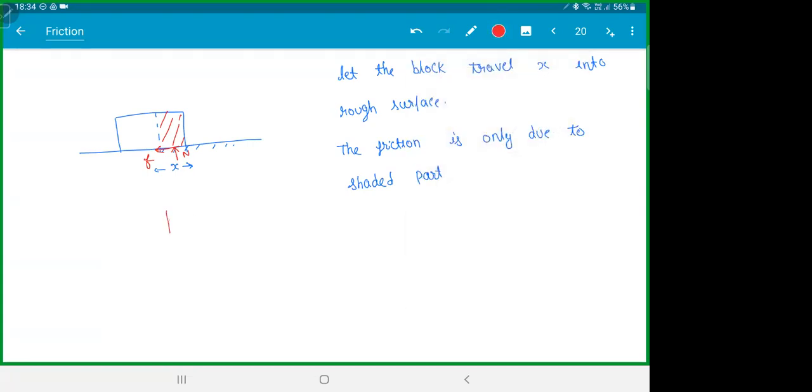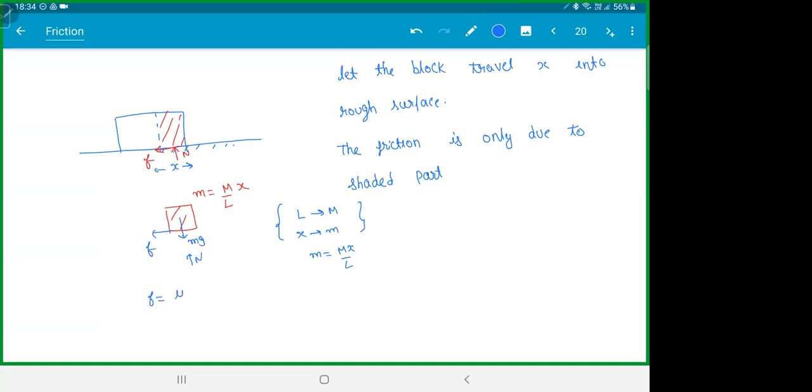If you look at just this shaded part, the mass will be m by L into x. Is that clear, everyone? Unitary method. If length L has mass M, then length x will have how much mass? It will be Mx by L. So this weight will be small mg, this will be the normal reaction, and this will be friction.